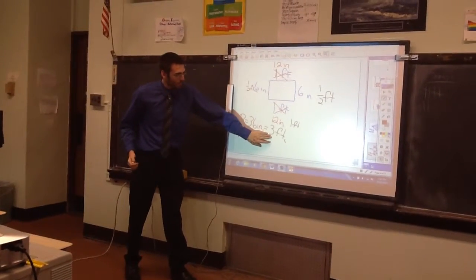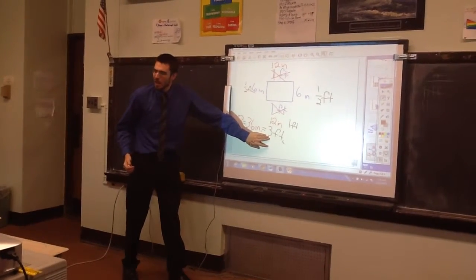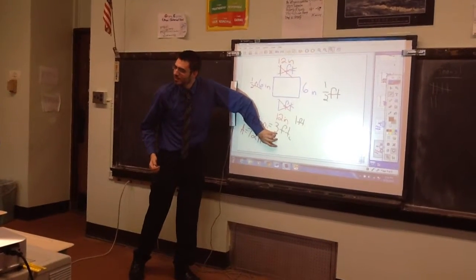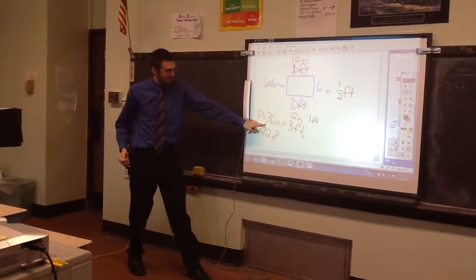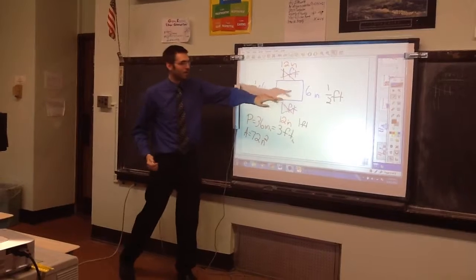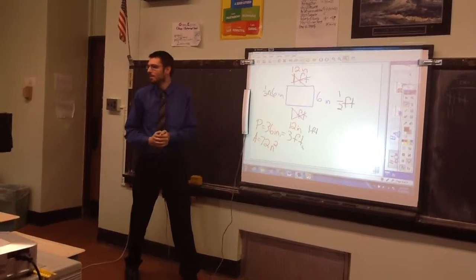It's a yard. 12 feet? How many inches in a foot? 12. But what's 12 times 3? That's a yard. Isn't that crazy? They have the exact same perimeter using feet or inches.